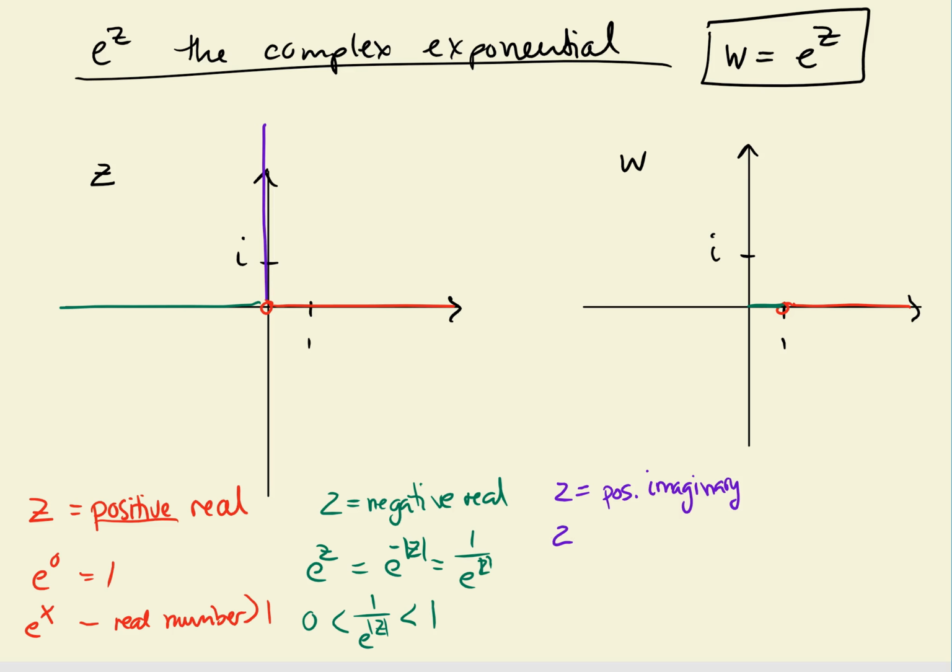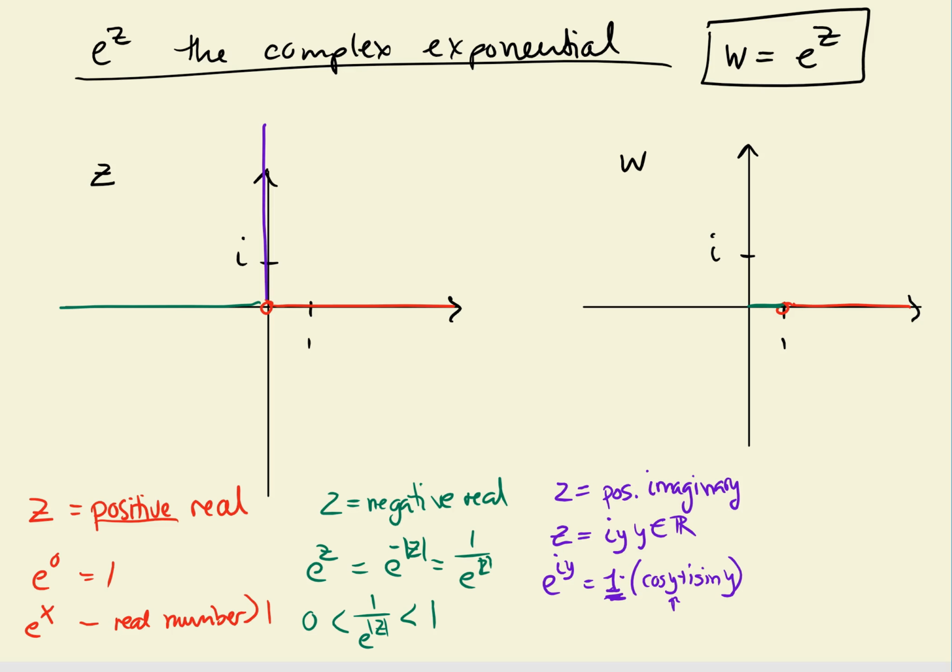Well, in that case, z is just purely imaginary, and we can write it as i times y, where y is some real number, and e to the power of iy is then 1 times cosine of y plus i sine y. And this is a number which has a modulus or absolute value of 1, and y here, that's the argument or the angle.